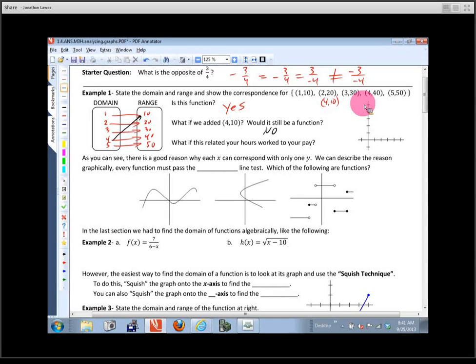Why would we care about this? Why is this a big deal if you go into work for 4 hours? Raymond? Okay. You can't be paid $10 and $40 an hour. They can't both happen at the same time. Think about it from your perspective. Let's say one week you go in and you work 4 hours and you get paid $40.